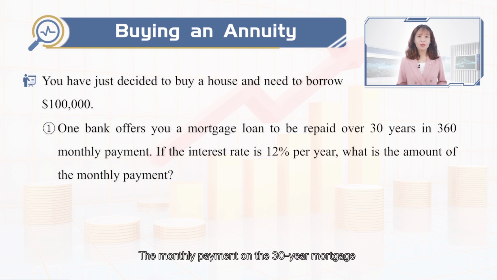The monthly payment on the 30-year mortgage should be computed by using a monthly period, that is, N is 360 months, and a monthly interest rate of 1%. By the formula of PV for the ordinary annuity, PV is $100,000, I is 1%, and N is 360.